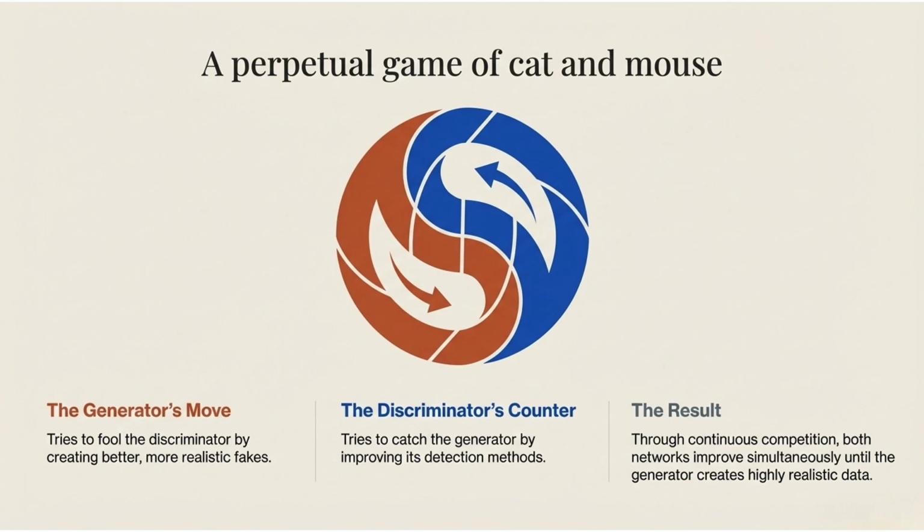This creates a competitive learning process where both models constantly improve. As the generator gets better at fooling the discriminator, the discriminator also becomes better at detecting fakes. Over time, this competition leads to the generation of highly realistic synthetic data.